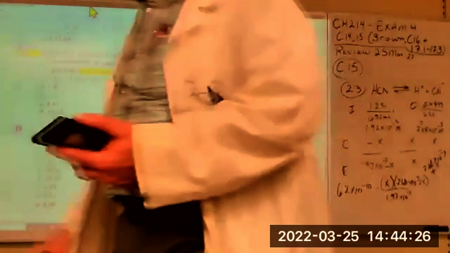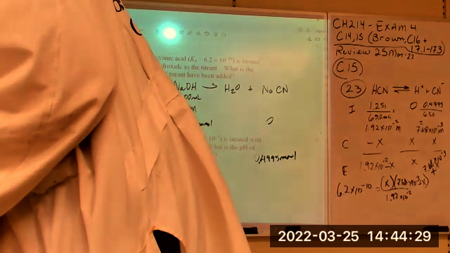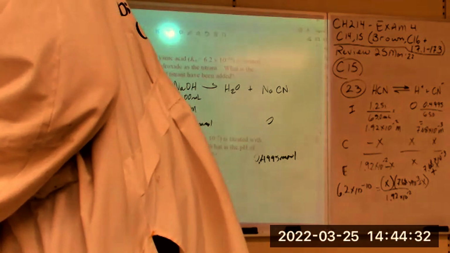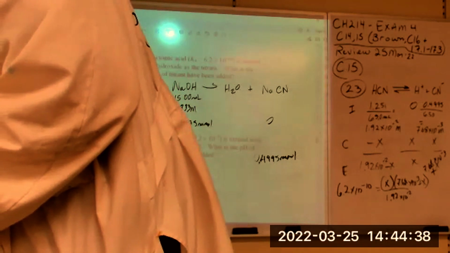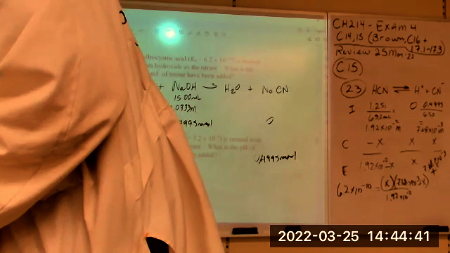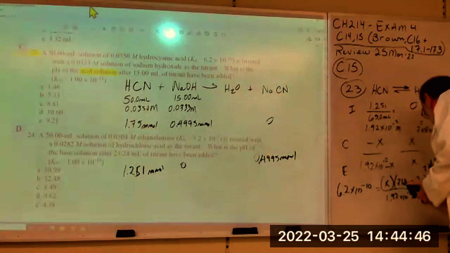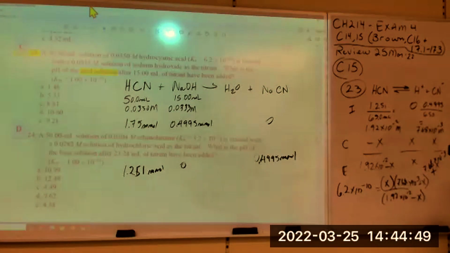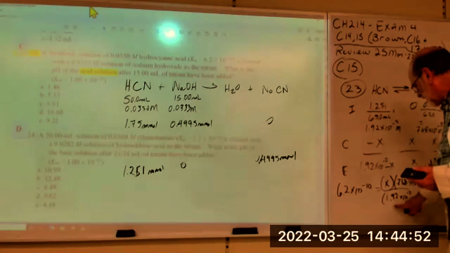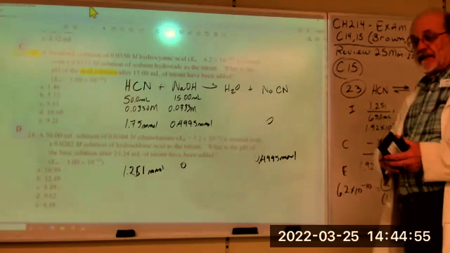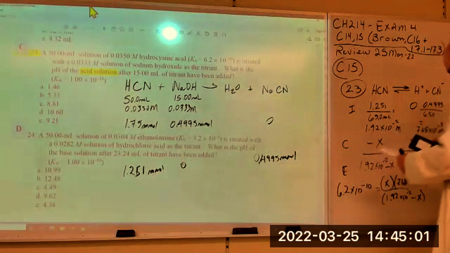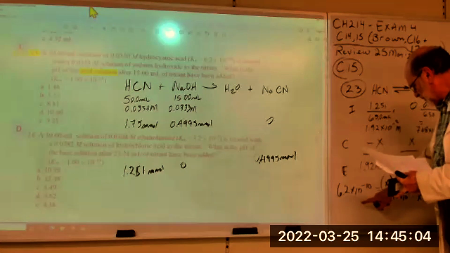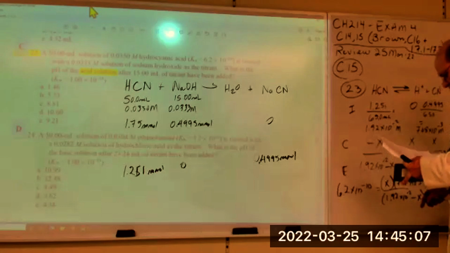So can we simplify that? I think the idea is to leave this X here. Multiply this one times that one. So it's this one times this minus this one times this.